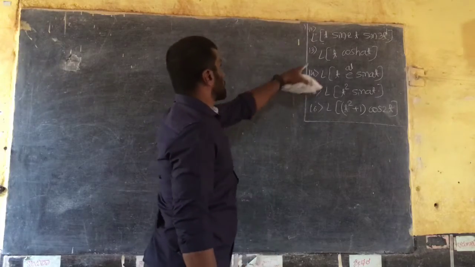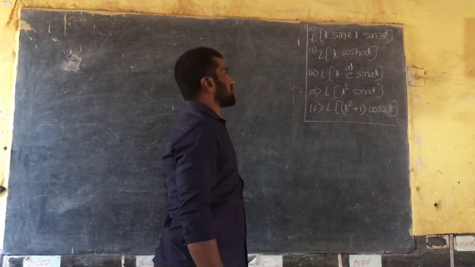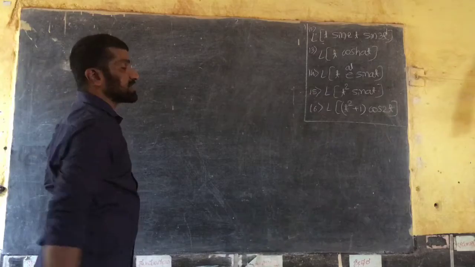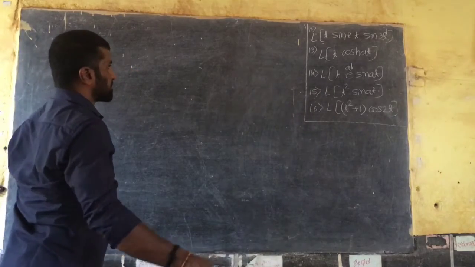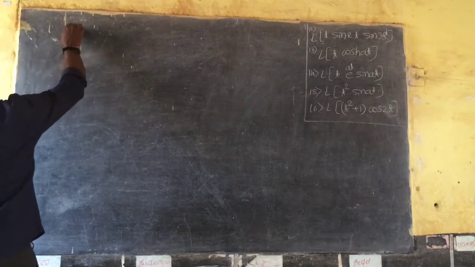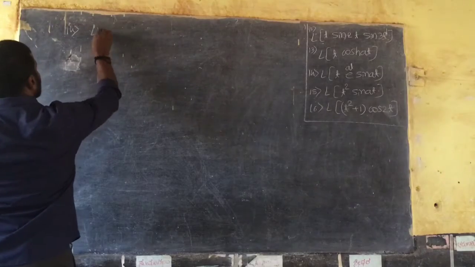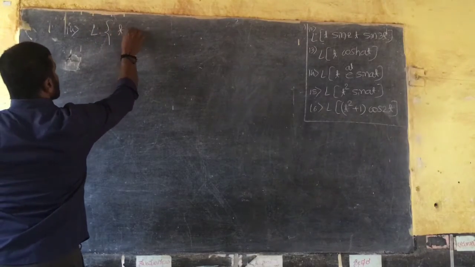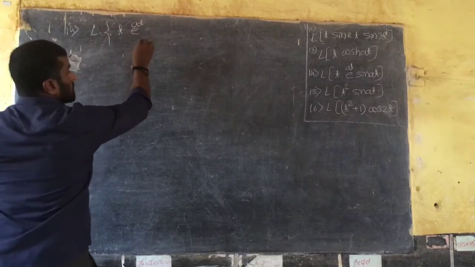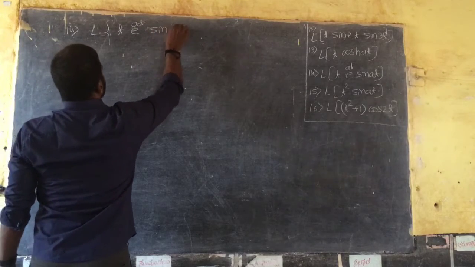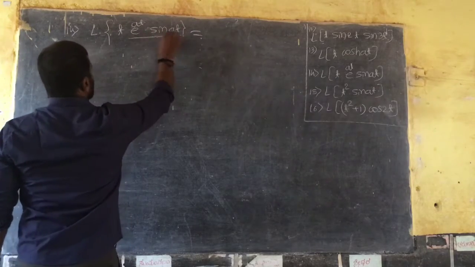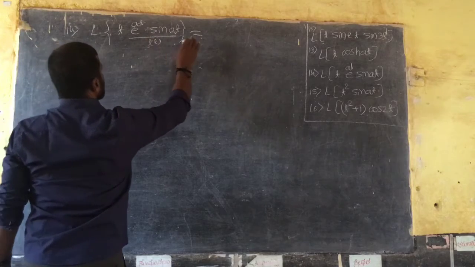Next you have to solve similarly Laplace of t into cos hyperbolic at. Leave that, the 14th one is easy: Laplace of t into e raised to at into sine of at.